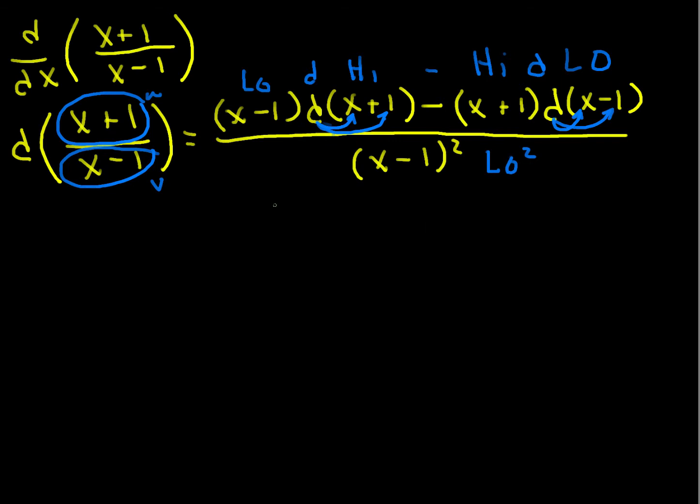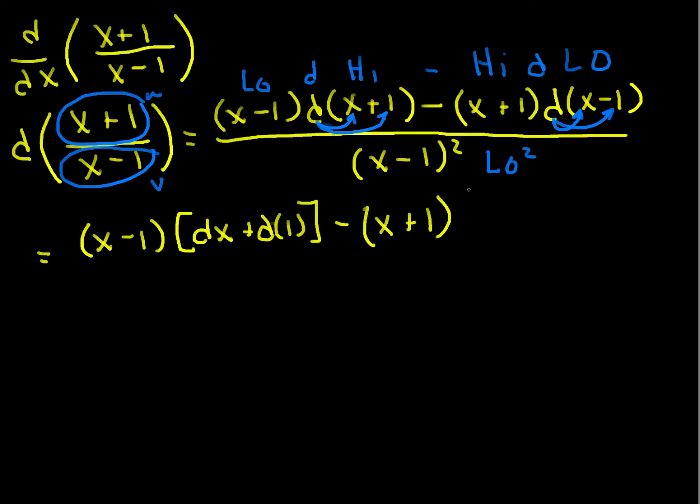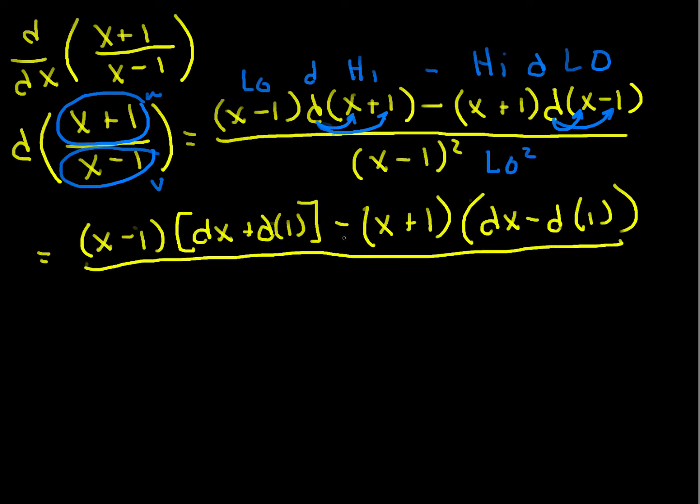So this whole term, the top becomes x minus 1 times dx plus d1, minus x plus 1 times dx minus d of 1, all over the denominator squared.